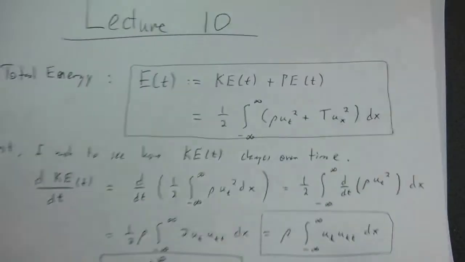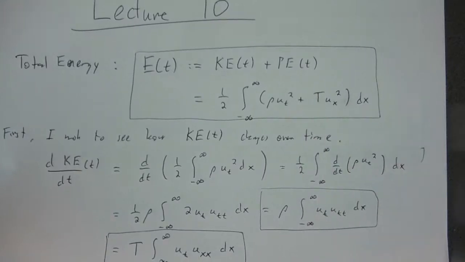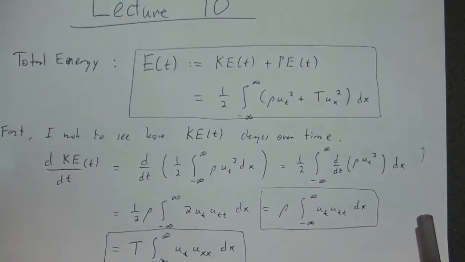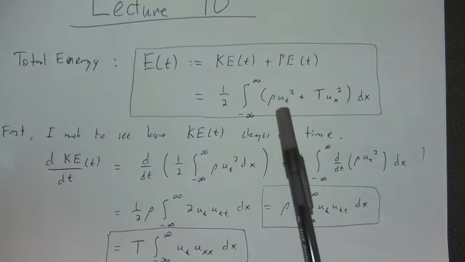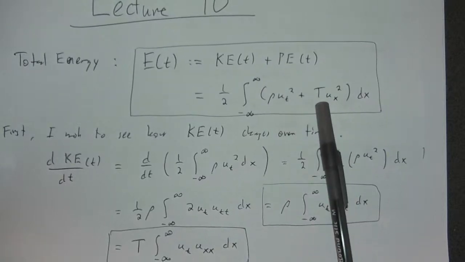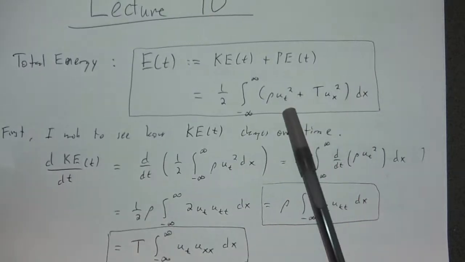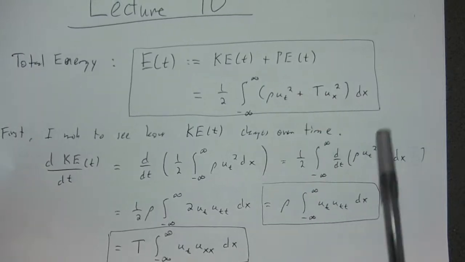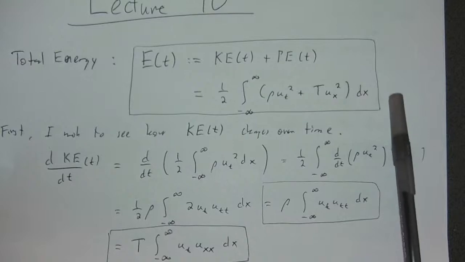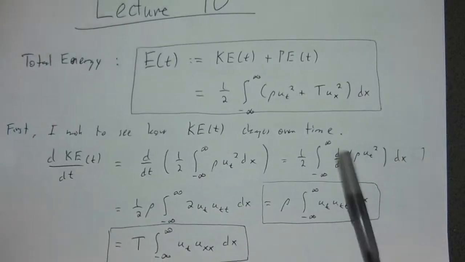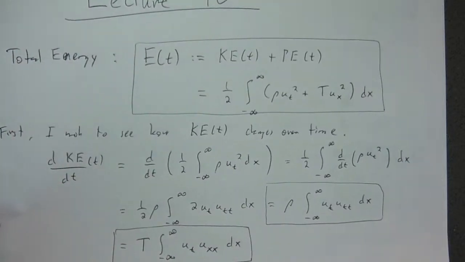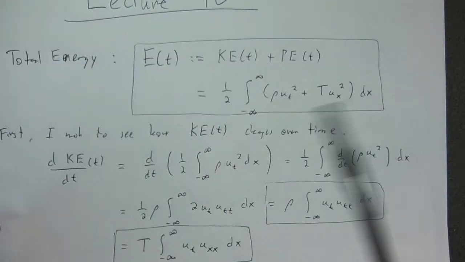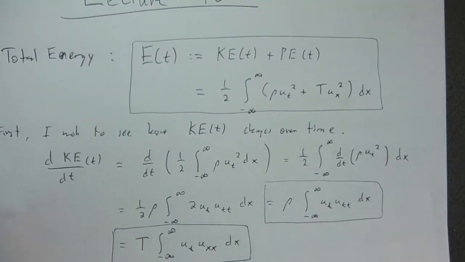But what does it mean if this expression is always 0? Notice how this is one half mass density here, tension here, but the expressions u sub t, u sub x, these are both squared. What does it mean if this is always identically 0, in the sense that for all t, this quantity is always 0?